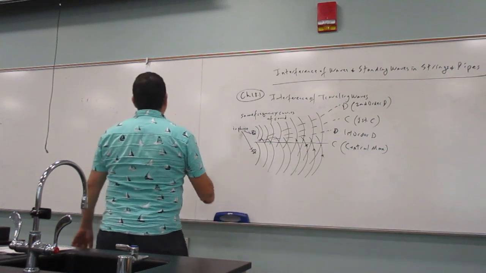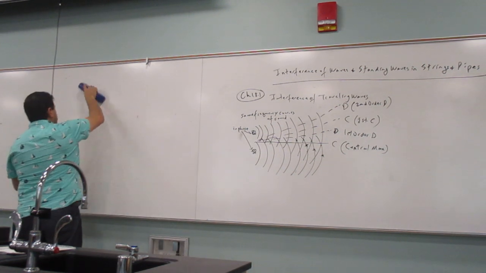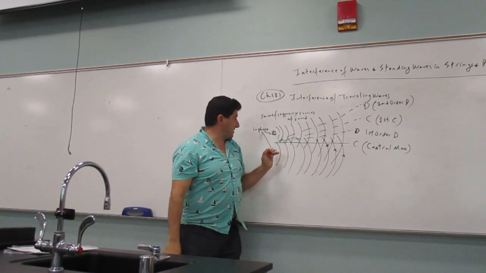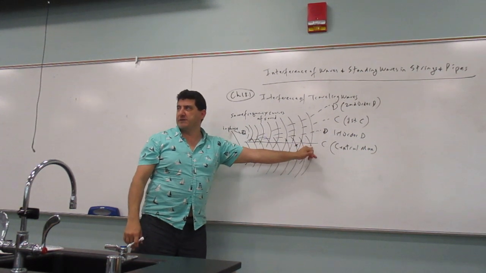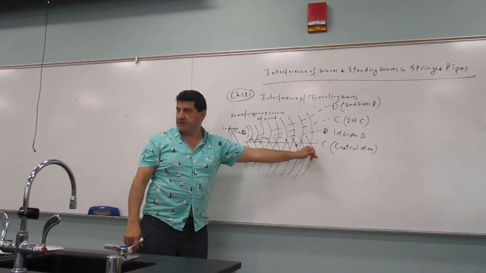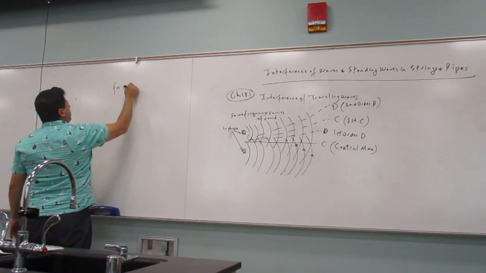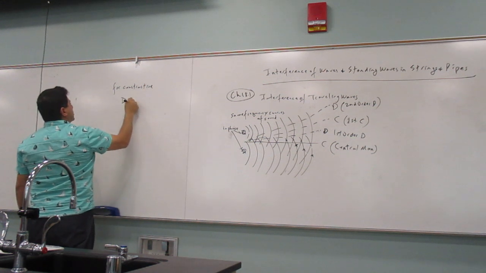The rule for constructive interference is that the path difference, the difference of the path from here to there and here to there, should be an integer multiple of a wavelength of the wave. Right? For constructive interference, delta R should be what?